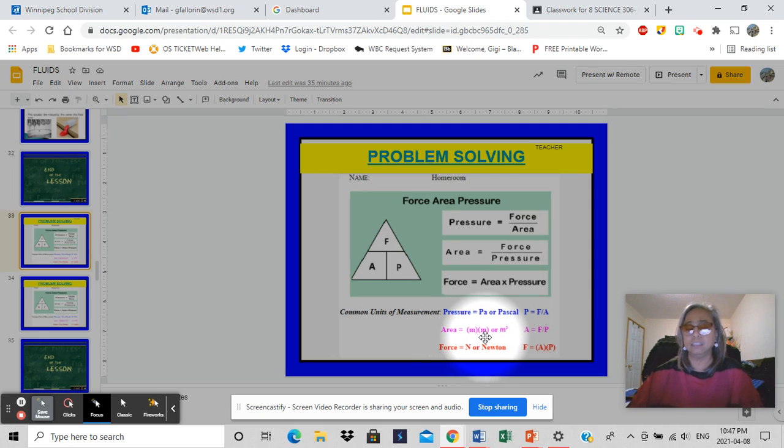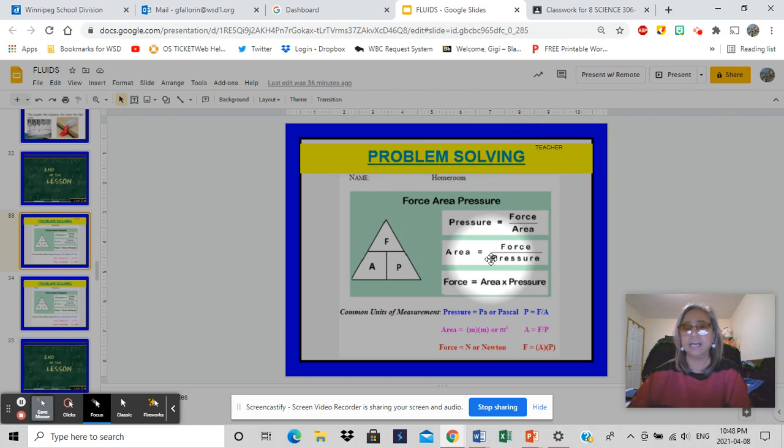It's the dimensions of an area or a location, maybe, or even that of an object. So here, if you see units of meter by meter, or meter squared, then you know you're dealing with the area. Now, force, of course, would be the big N here. It means Newton.